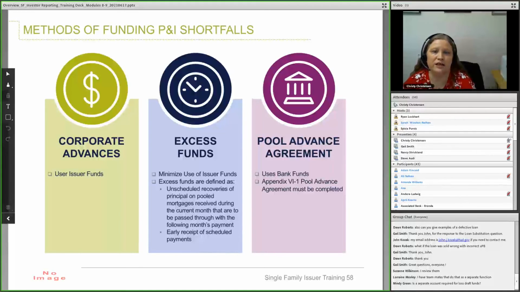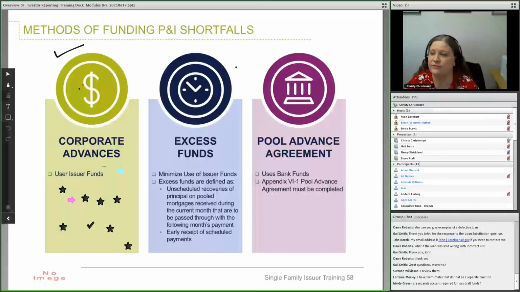Companies can use corporate advances, which are issuer funds, excess funds, which are unscheduled recoveries of principal on the pools, which may be found in MBS Guide Chapter 15-5, or the pool advance agreement, which uses bank funds, which is in Appendix 6-1, must be completed.